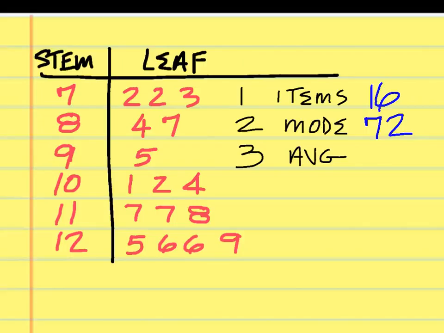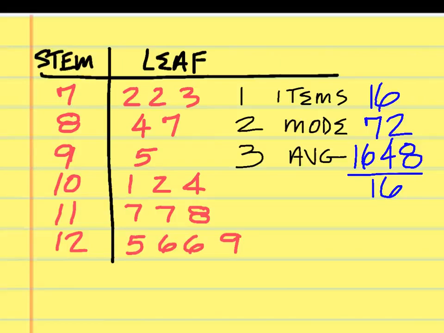All right. What is the mode? 72. And the sum, what is the sum of all the numbers? You have to have the sum in order to find the average. Does anybody have the sum? 1,648. Did anybody else get that? Okay, how many numbers were there? 16.